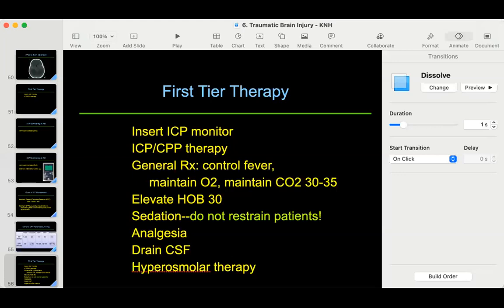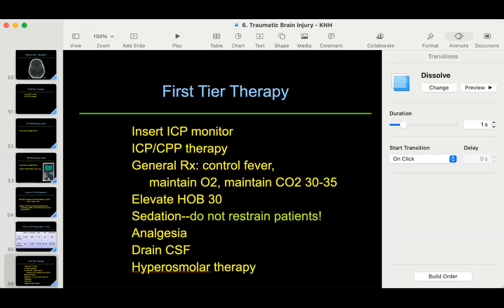My thought process is that whenever you have features of increased ICP, either on CT scan or clinically, such as a reducing GCS, the patients becoming unreactive, features of Cushing's, or new onset neurological deficits, together with a CT scan, you can give mannitol or hypertonic saline. In terms of the Trauma Foundation guidelines, there's no superiority between the 2.